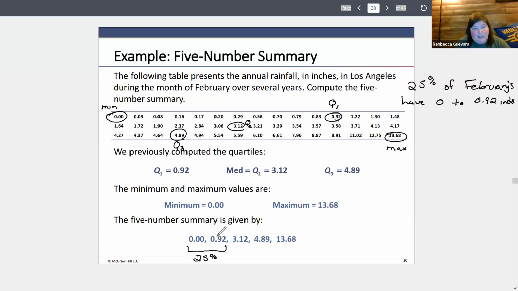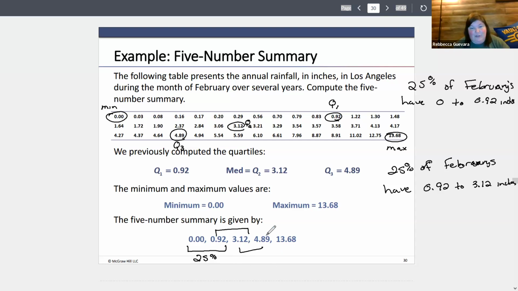But this is also another 25%, between 0.92 and 3.12 inches of rainfall.